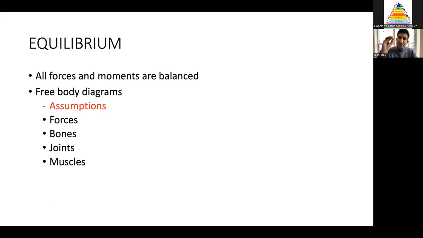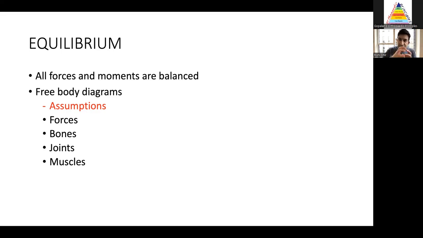And I break these down into forces, bones, joints, and muscles. So forces, we assume that the joint reaction force is a compressive force, okay? And that we've got external forces only, not internal. So there's no tension force and there's no internal forces. Bones, we assume, are rigid rods which we cannot compress.